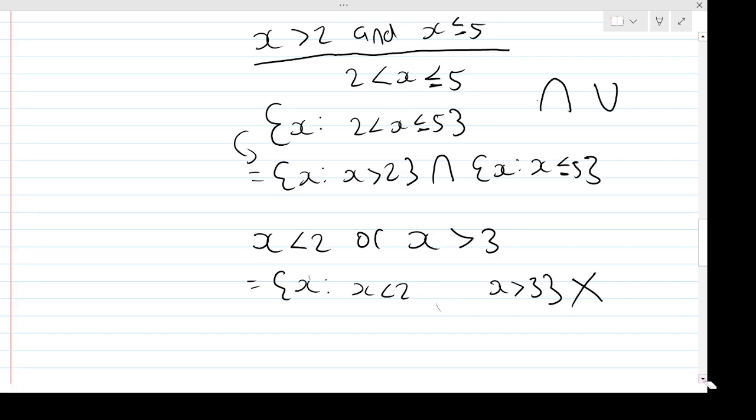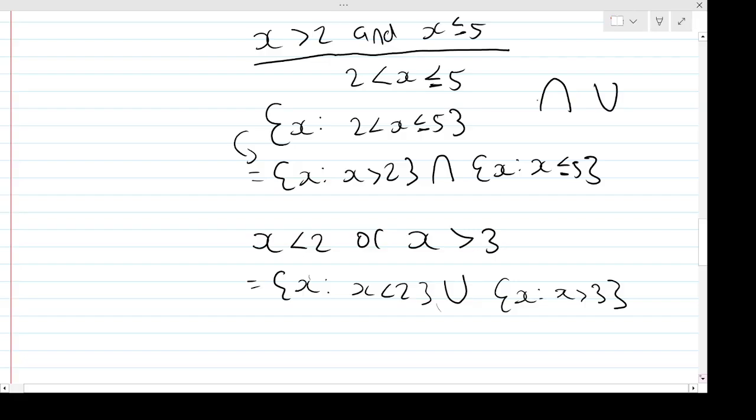So instead, we're going to say the set of values of x which are x less than 2, or, and then the or is outside, or the other set of values of x such that x is greater than 3, okay? So that's how we would describe that in set notation. And remember, for or, we use this U shape, which means union, which means or, okay?